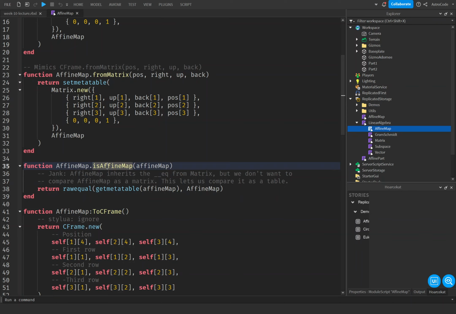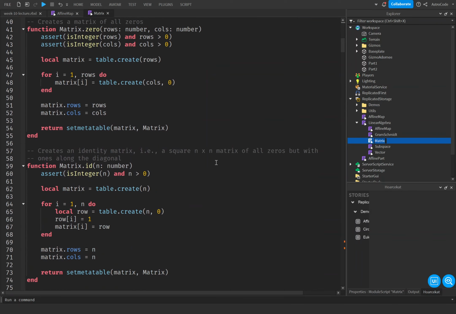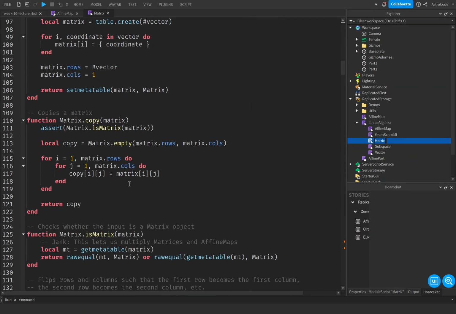Okay, so here was one issue we were bound to have. Basically last night I had a big fight with metatable OOP and realized that I should just never use metatable OOP again. So I'm not going to explain how this is affine map works, but it does work. Yeah, it's horrible. And then I also had to go into the matrix class and change how the is matrix works.